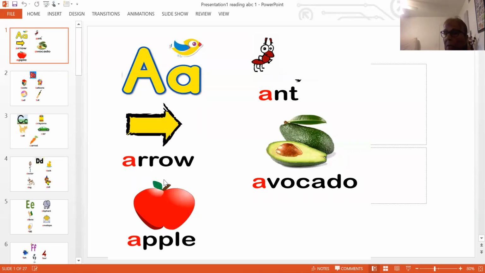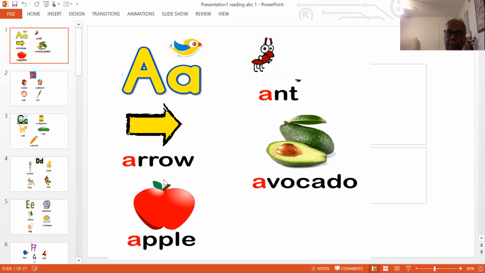I have 5-year-olds, 6-year-olds as well. And we do the letter sound. Now there are 5 vowels, and each vowel carries 2 sounds. However, in doing the alphabet here, we are dealing with what is called short vowel sound.